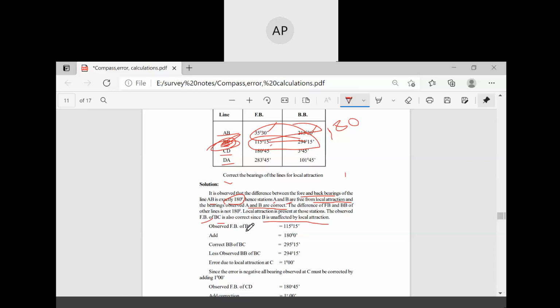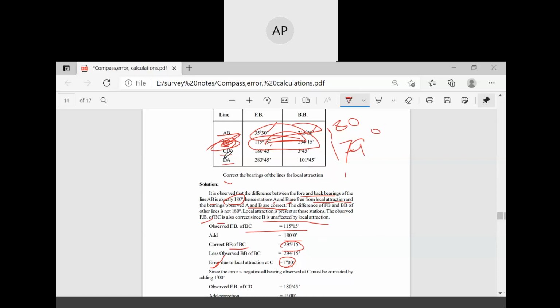Forward bearing of line BC is this one, and if you add 180 degree, then the correct back bearing of BC will be 295 degree. So there is 1 degree missing. The difference between these two forward bearing and back bearing is not 180 degree. It is 179 degree. So there will be an error of 1 degree due to local attraction.